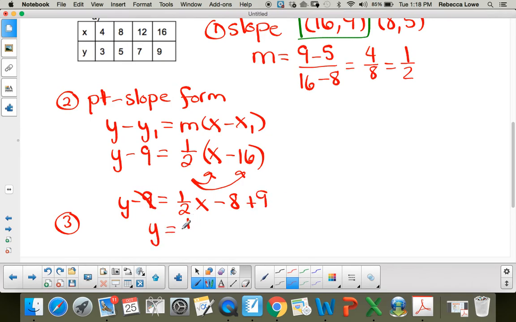So y equals 1/2 x plus 1. There it is in step 3, slope-intercept form. So I would like you to complete the next 2 problems on the next page. And then I will post those solutions so that you can see them, but I want you to try it yourself on the next video.